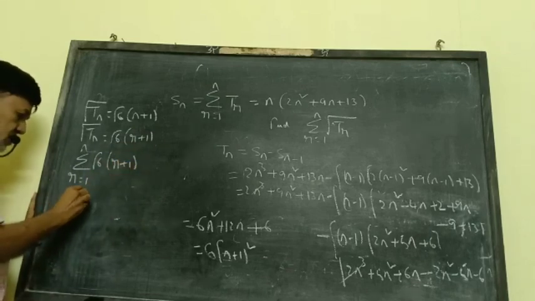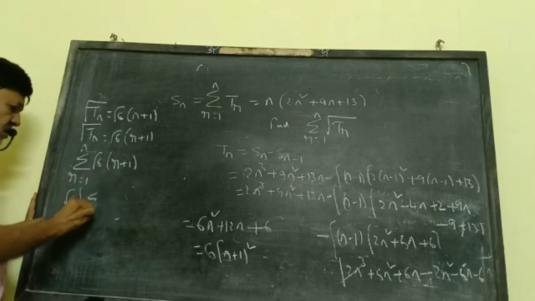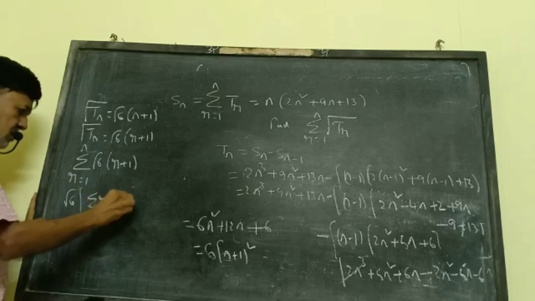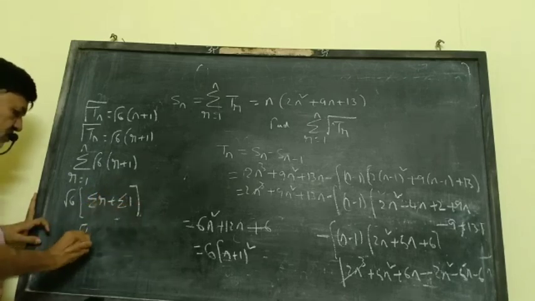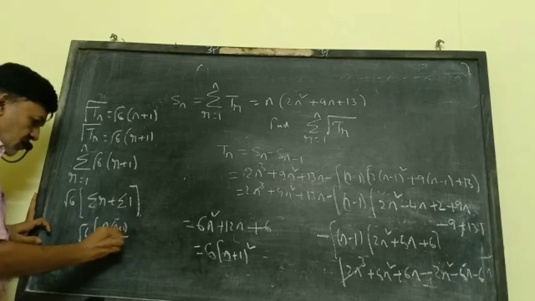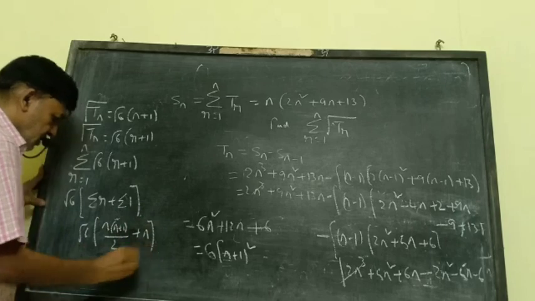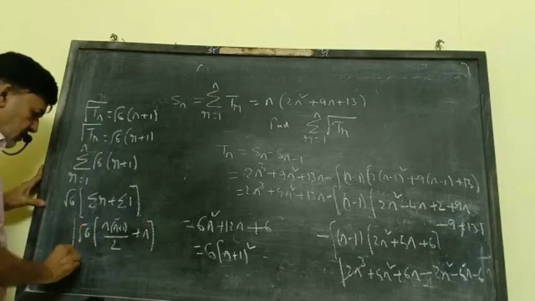So root 6 into, if you arrange your r values, sigma r plus sigma 1. Root 6 into sigma r is how much? n into n plus 1. Sigma 1 is n. So this is your final answer.